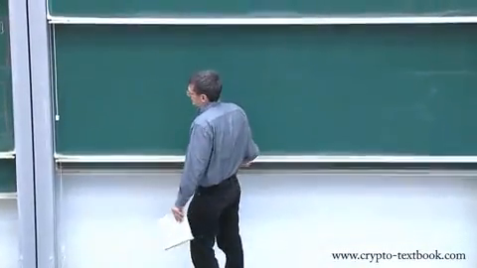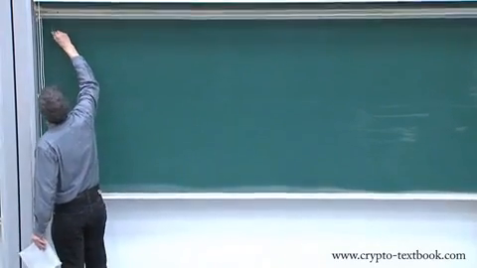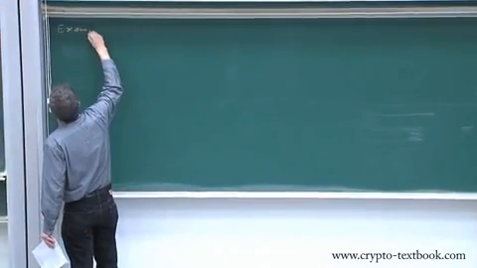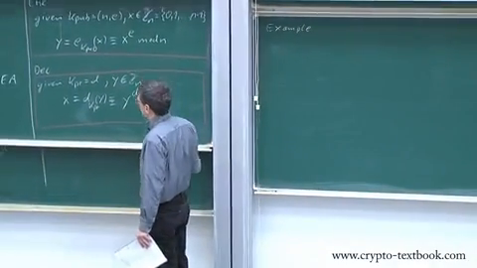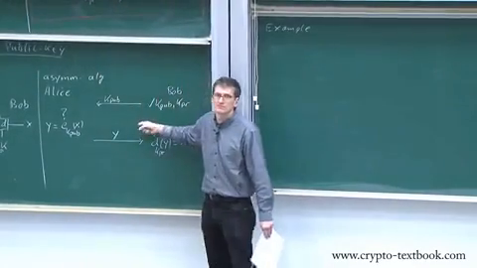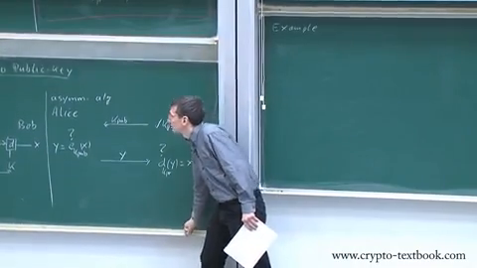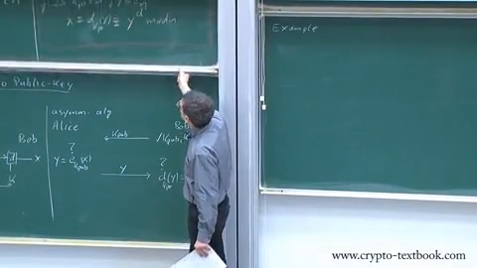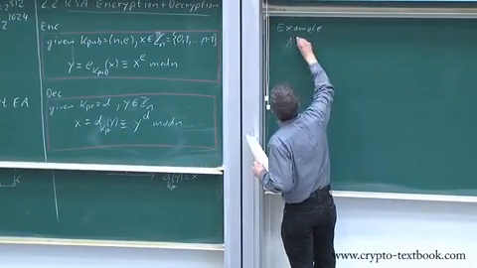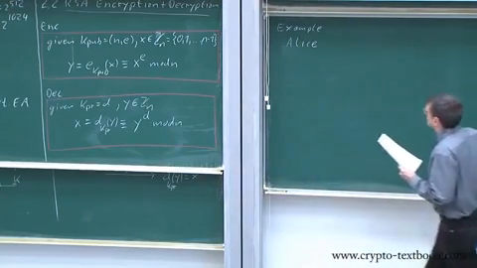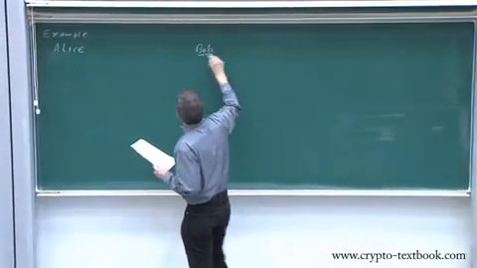So now I want to do an example. Example for what? I want to rebuild this protocol here. So we have our friend Alice, we have our friend Bob.